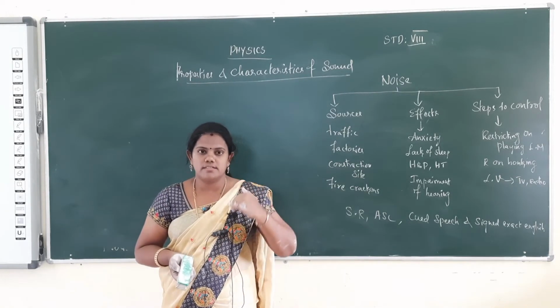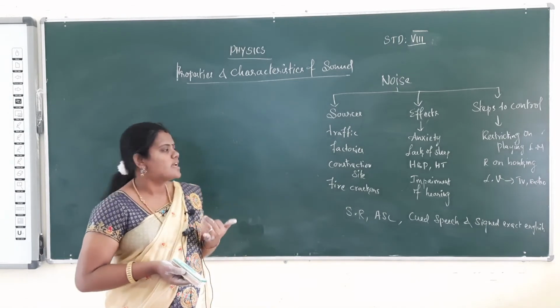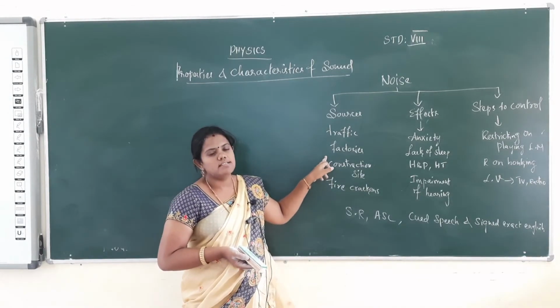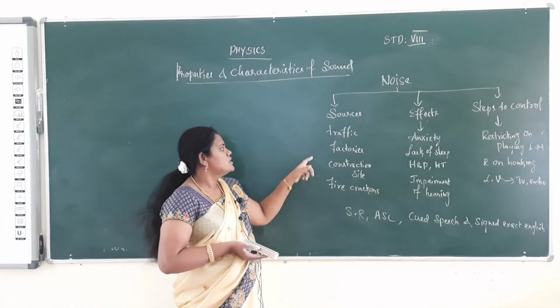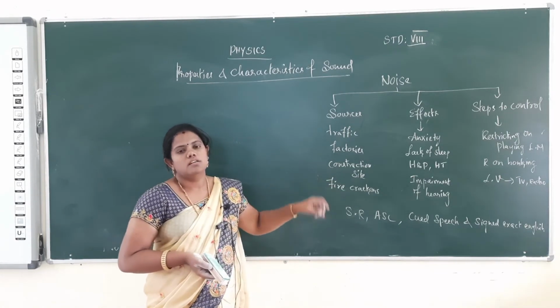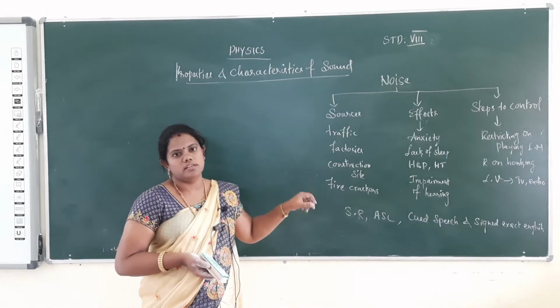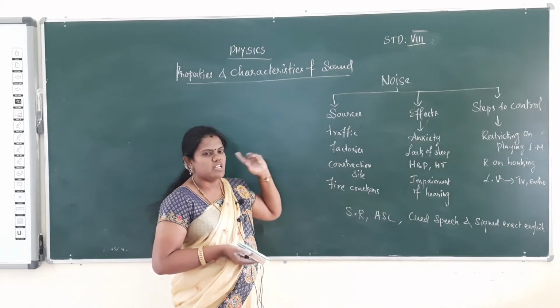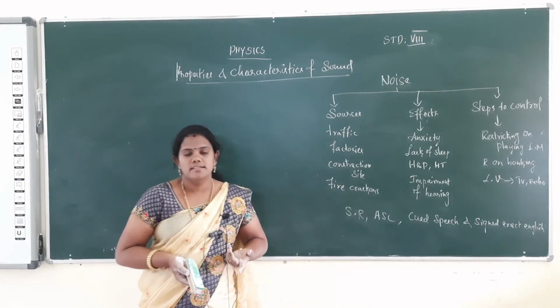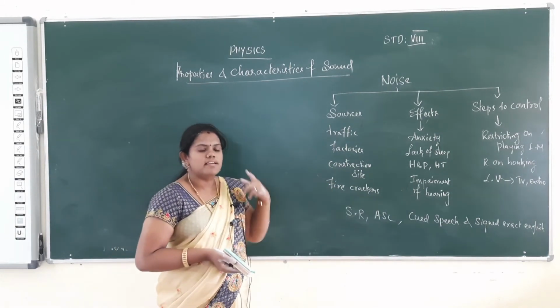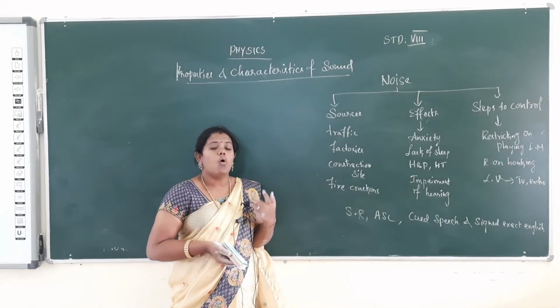So heavy traffic creates noise. And then factories. Near some factories, they always create some sounds. Then construction sites: when a house is being constructed nearby, the sound is very irritating. So that is noise from construction sites. Firecrackers: that sound we cannot bear to hear all the time.